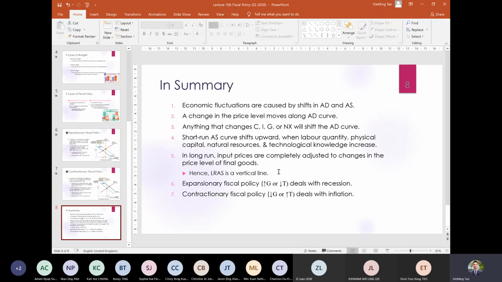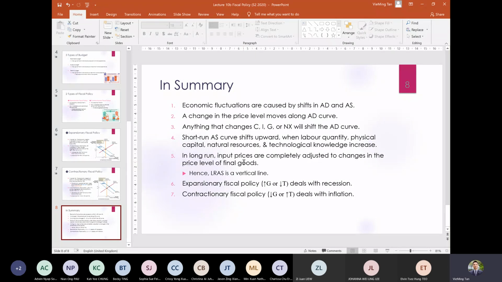Okay, and in the long run, the aggregate supply curve is a vertical line. It's because the percentage change of the final goods price can be compensated by the percentage change in the input cost.